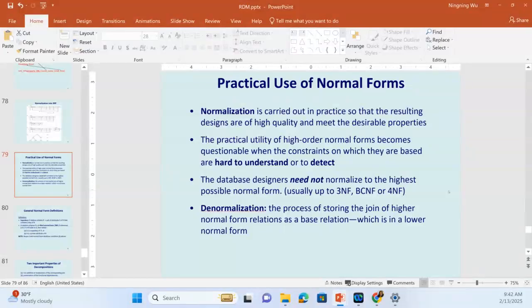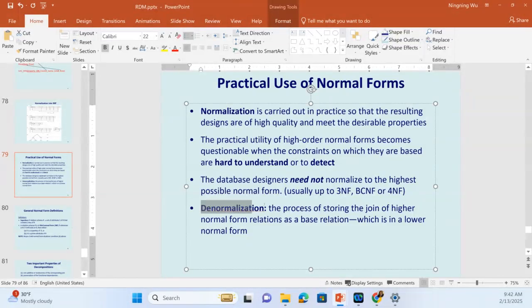Okay. Another point is that when we do the physical database design, we may end up going for denormalization. Recall that the normalization process usually splits a very big table into a set of smaller ones. The denormalization process is kind of the reverse: we have a set of small base tables and we may want to join them to build a big table.